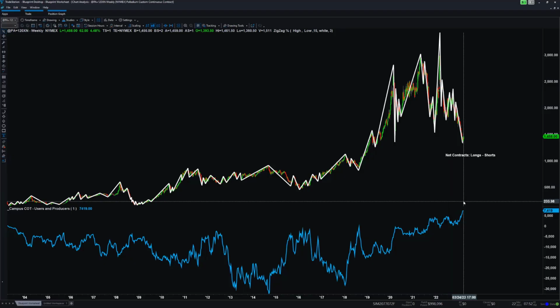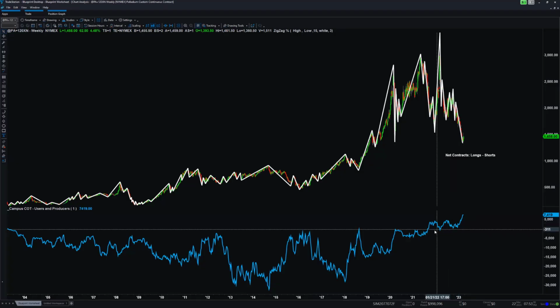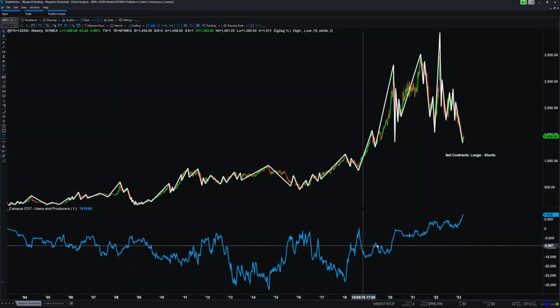So if you're looking at palladium and you're looking at this area right here, you want to put that into context of the past weeks, the past months, and the past years.